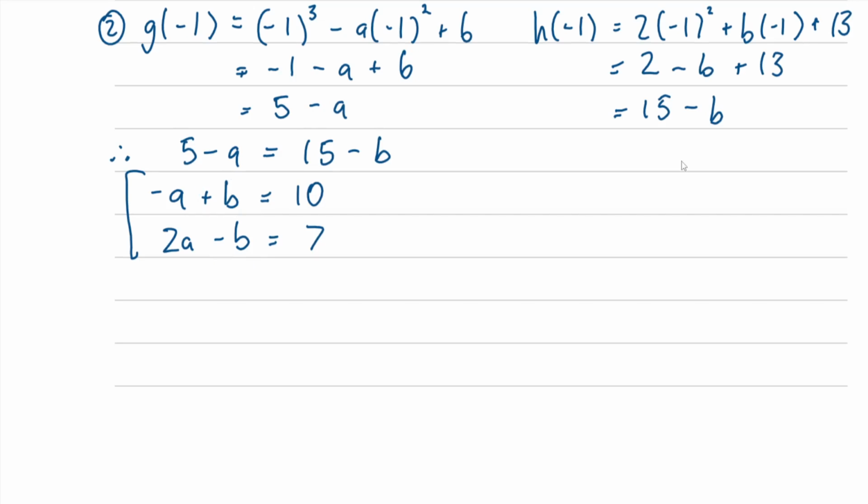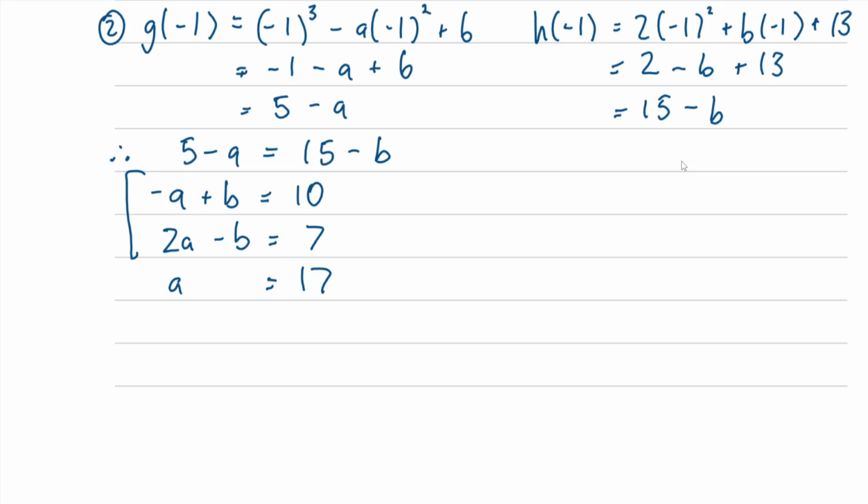So I will add each term. So minus a plus 2a gives a. Positive b plus negative b gives 0b. And then 10 plus 7 gives 17. So we're left with a equals 17.